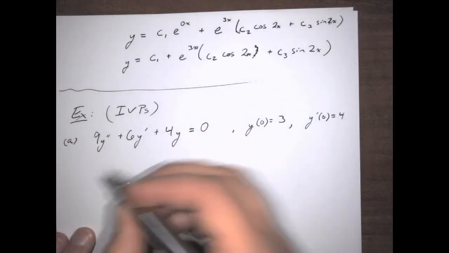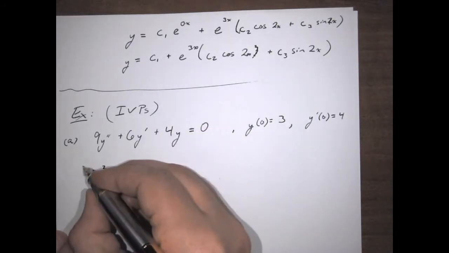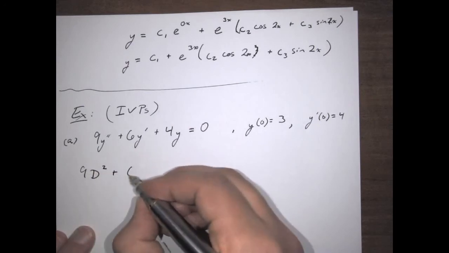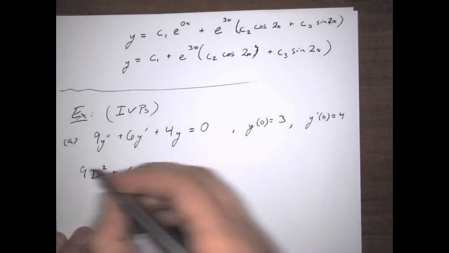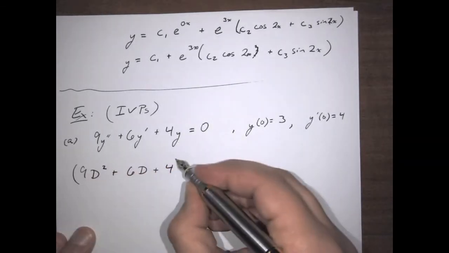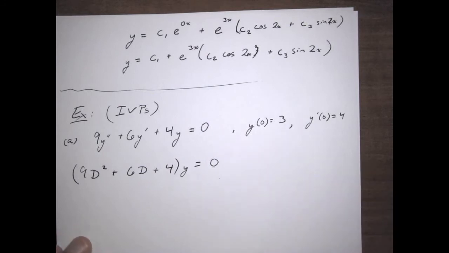Alright, so rewriting this in terms of the differential operator, we're going to have 9D squared plus 6D plus just 4 and not a derivative there. All that times y, or applied to y I should say, equals 0.